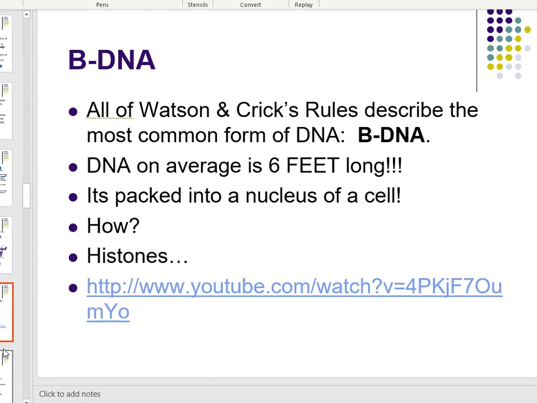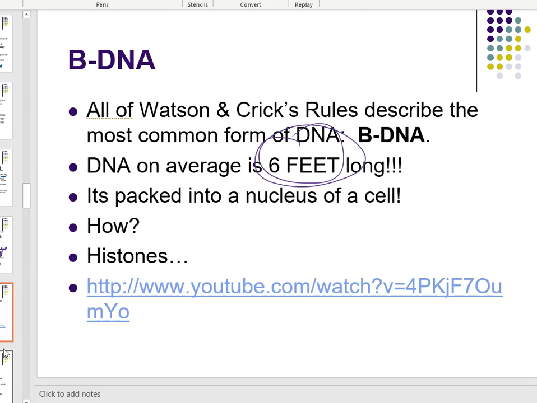As far as the total length of DNA goes, we're talking about how wide it is and the rise per turn, but DNA can be up to 6 feet long. Just think about that for a minute. If I take a full strand of DNA from you and stretch it out without breaking it, I can stretch that strand out to 6 feet, and your body has tons of DNA inside of it.